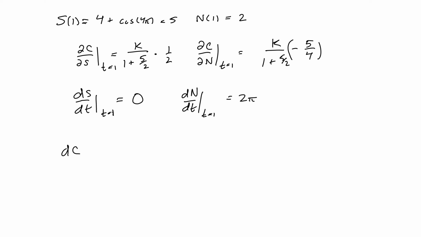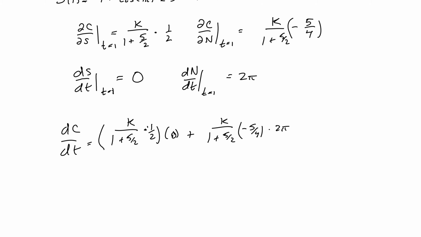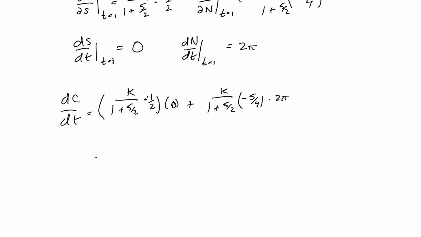So when I do dC/dt, I fill these in: K over 1 plus 5 halves times 1 half, multiplied by 0, plus K over 1 plus 5 halves times minus 5 fourths times 2 pi. If we simplify this, it becomes minus 5/7 pi K.